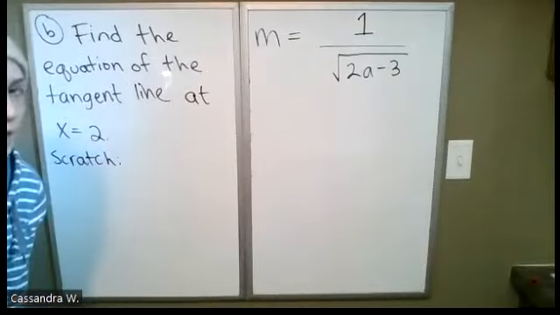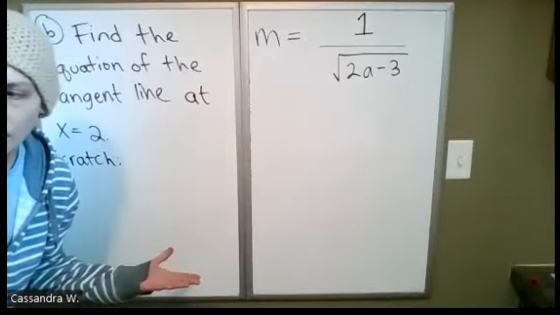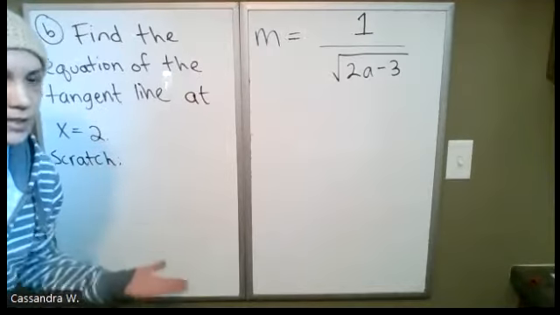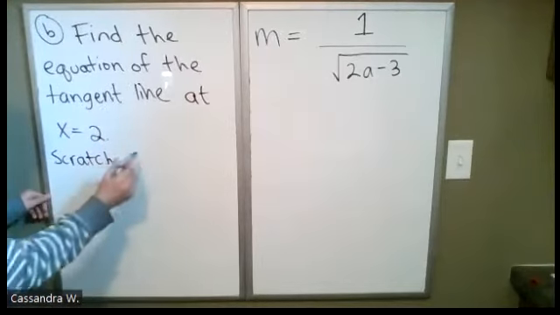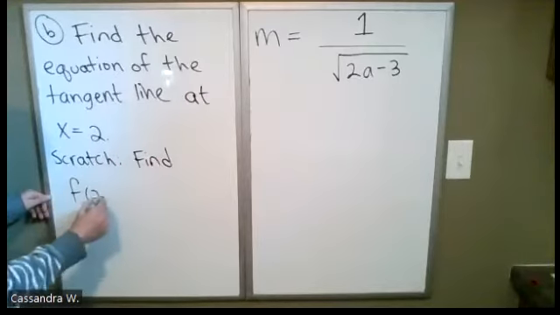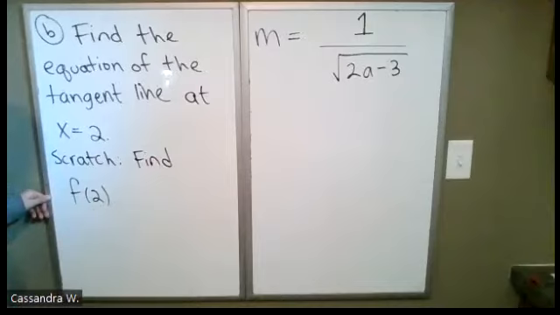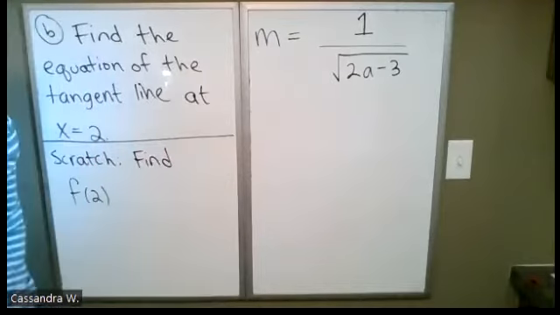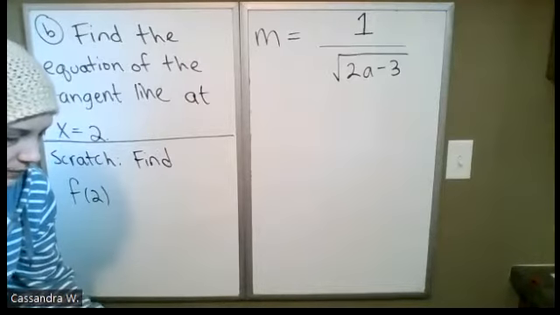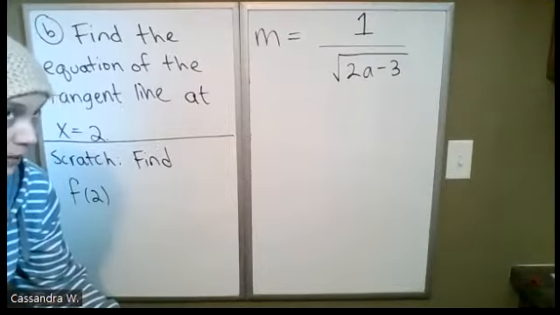Okay, so the equation of the tangent line, you're going to need your slope, you're going to need your input, which we have, 2, and then your output, f of 2. So let's get f of 2 first. If you look back at your function, it is the root of 2a minus 3. So it's the root of 2 times 2 minus 3.